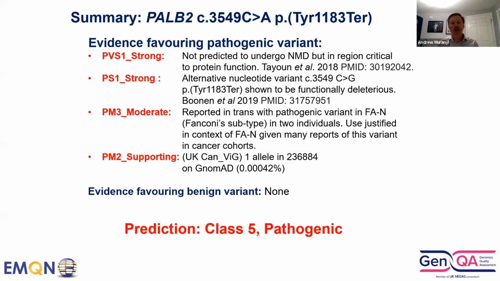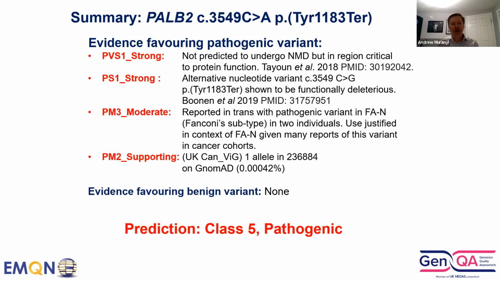PS1 strong as well, as there is also a publication of an alternative nucleotide variant causing the same termination, which is also shown to be functionally deleterious. We have PM3 moderate, as it's been reported in trans with a pathogenic variant in Fanconi anemia complementation group N in 2 individuals, as well as PM2 supporting.